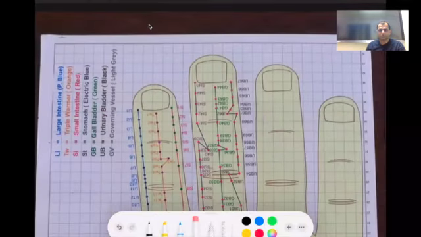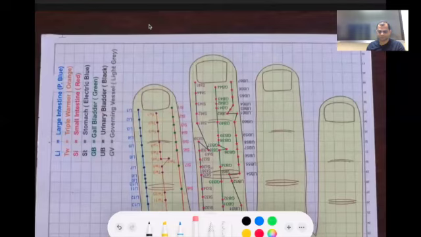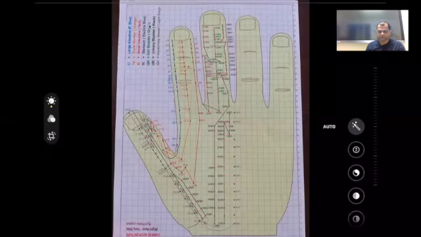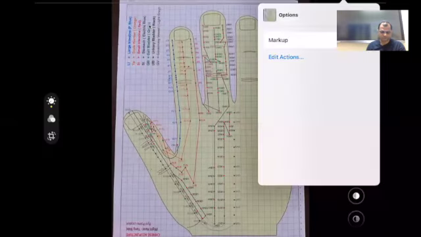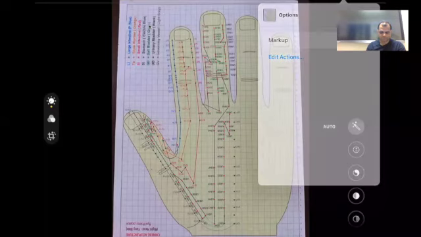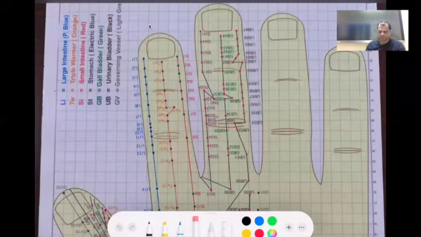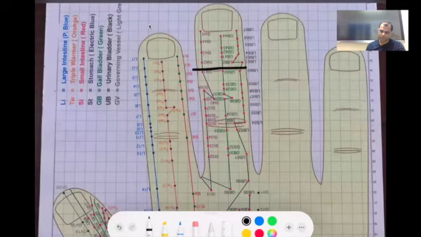So in the gallbladder meridian, we have to take the 3 points. The one, this is the joint. This is the upper joint.